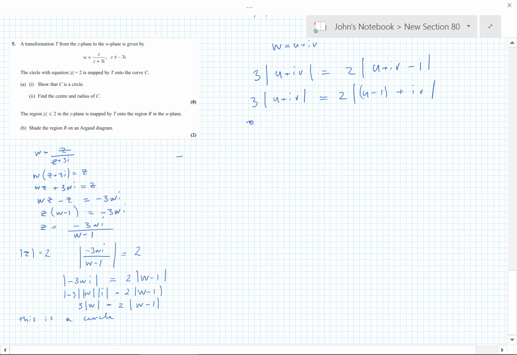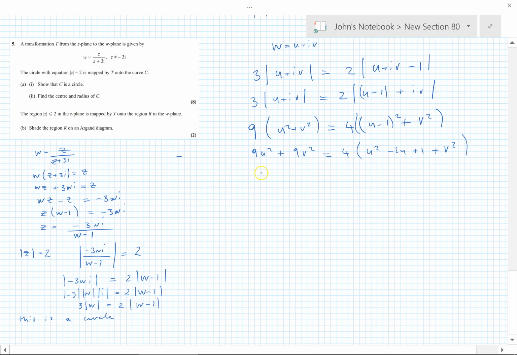So that's going to be 3 squared, which is 9, times u squared plus v squared, is equal to 4, which is 2 squared, times u minus 1 squared plus v squared. Okay, so we have 9u squared plus 9v squared is equal to 4u squared minus 2u plus 1 plus v squared.